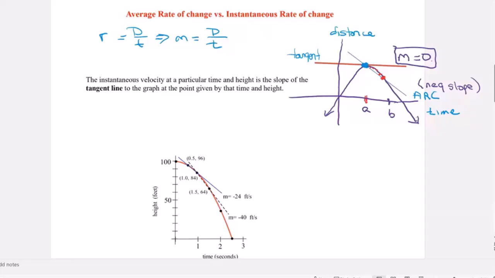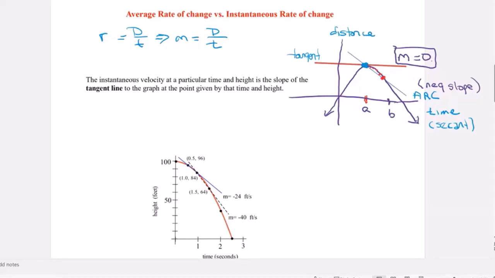If you want to find the tangent line, you're finding the instantaneous rate of change. If you find the slope of the secant line, these are secant lines. Secant lines hit the curve in more than one place. And we can find the slope of that because it's between two different points.